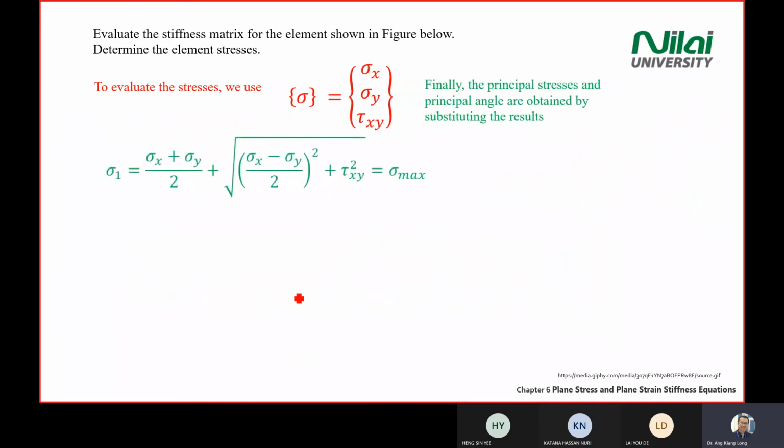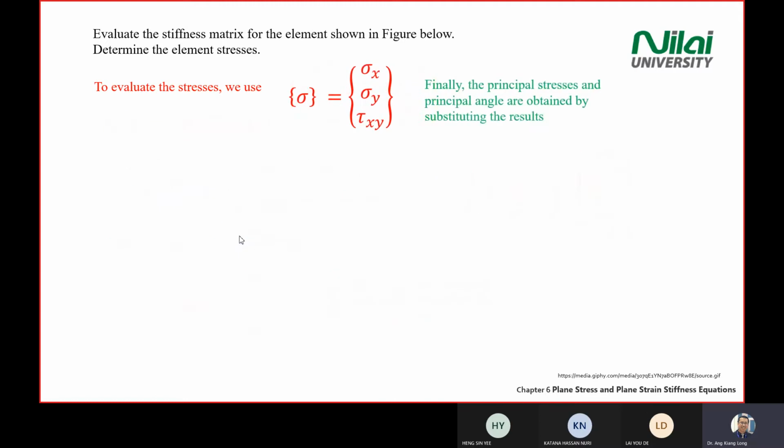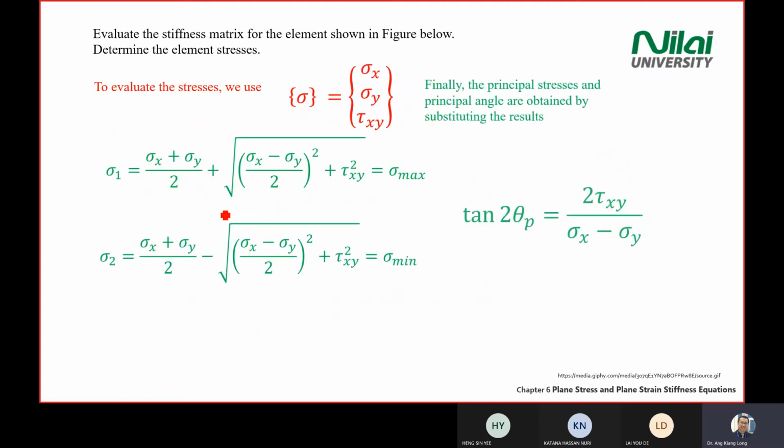Then the next one, you need to change the X and Y stress and strain into principal stress. Principal stress is given by this equation. When we started the lecture today, I showed you this equation. Stress principal 1 and principal 2, basically you substitute what you got from your answer just now.